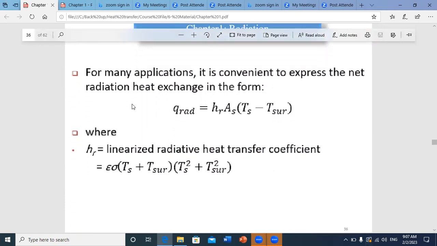Now, for many applications, it is convenient to express the net radiation as a heat exchange in the following form: Q radiation equals a certain coefficient h_r times A_s times (T_s minus T infinity). We already know that convection is h convection times A times delta T, so we see a linear relation between the convective flux and the temperature.